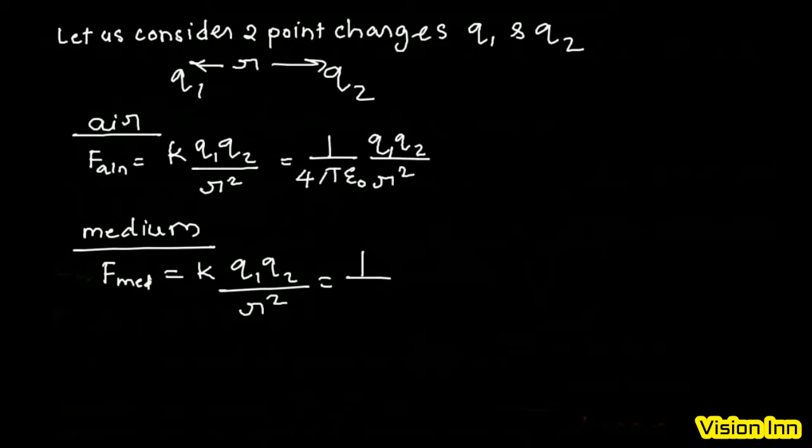So the force between the charges is given by K Q1 Q2 upon r square, so 1 upon 4 pi epsilon, where epsilon is the absolute permittivity of the medium, Q1 Q2 upon r square.